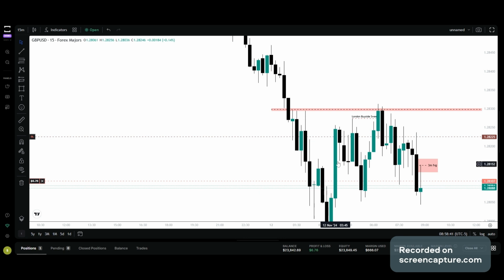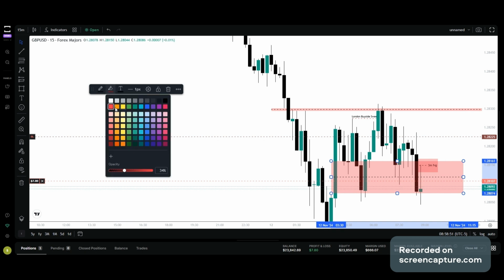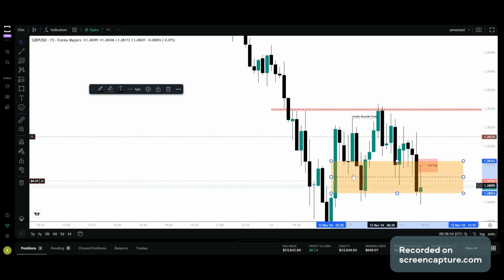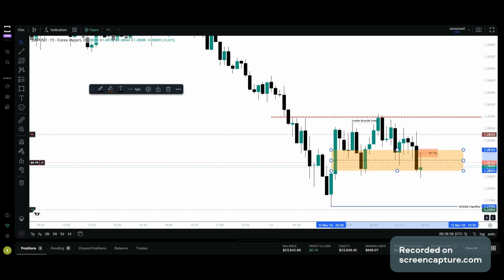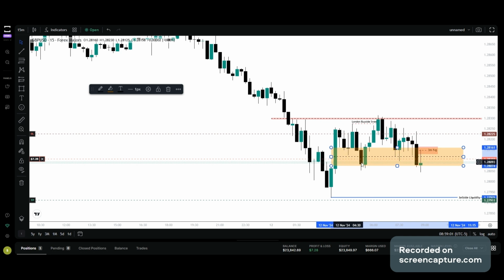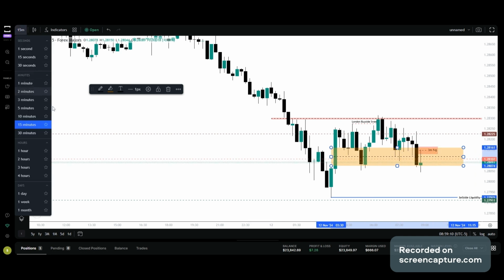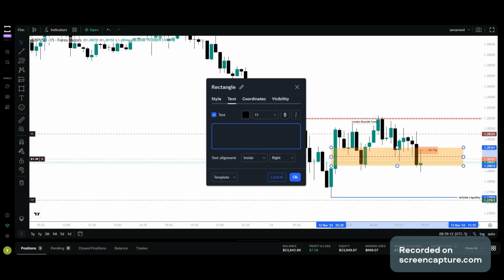And so right here, I'll make this orange. So I'm looking for this 15-minute buy side imbalance, sell side inefficiency to act as an inversion gap. So I'm looking for price to basically resist this rectangle and continue to go lower. So I'll go ahead and put that in there. 15.